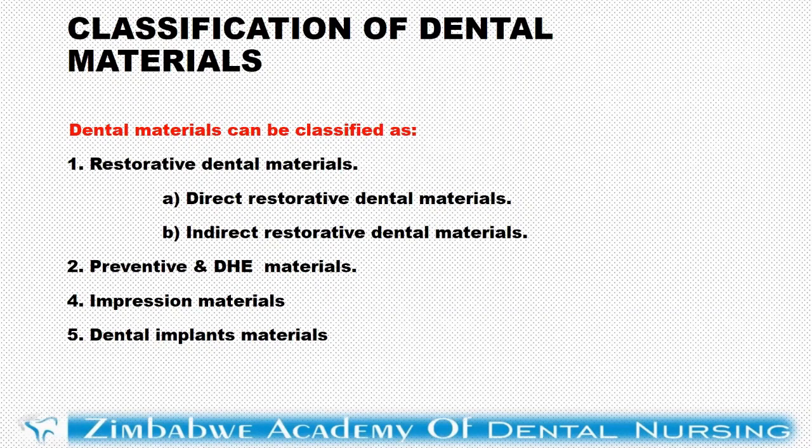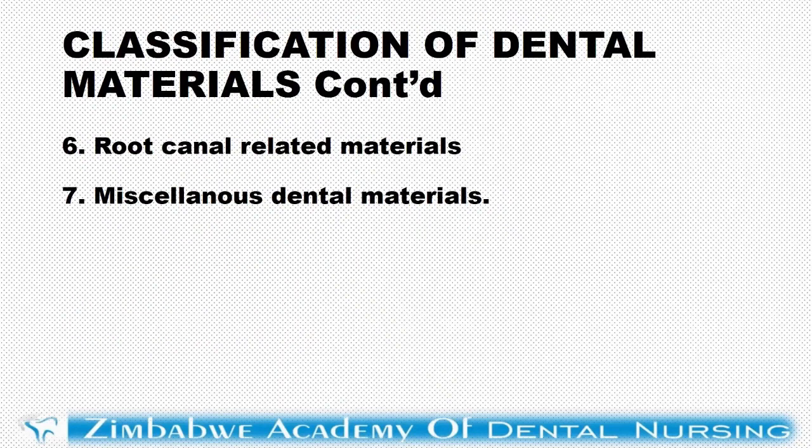Then we also have materials used for dental implants, for and with dental implants, such as pins, special sutures, etc., etc. You will recall that we made an error in calling this presentation root canal related materials.